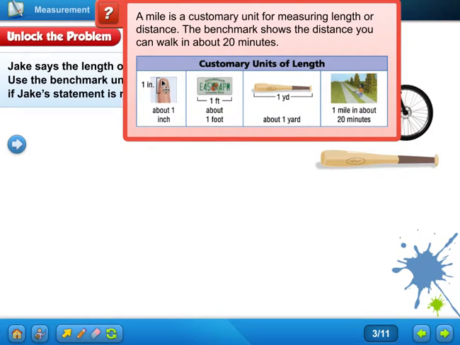So 1 inch is about that first knuckle to the tip of your finger. That's about 1 inch. 1 foot is about the size of a license plate. I also think from your elbow when you bend your arm, from your elbow to about a little bit past your palm is about 1 foot.